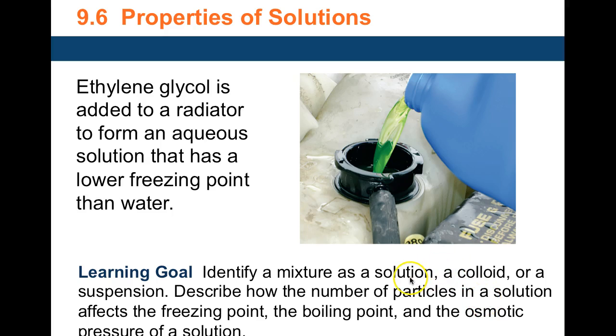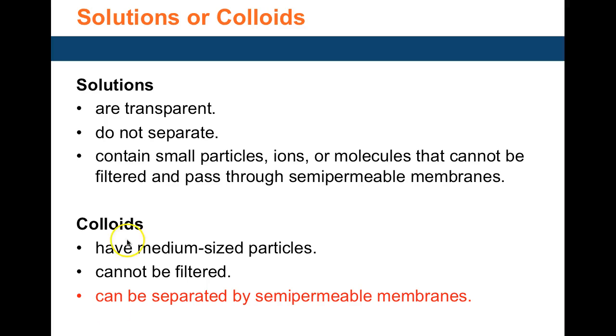And then we are also going to look at types of solutions, whether it's a true solution, a colloidal solution, or a suspension. All right. So this depression of the freezing point, the increasing of the boiling point, osmosis, all come under what are called colligative properties of solutions. All right.